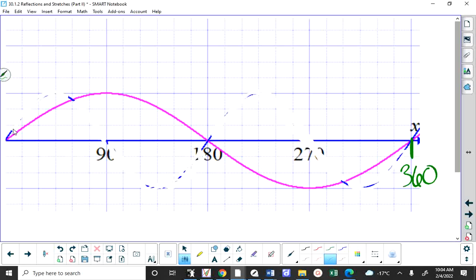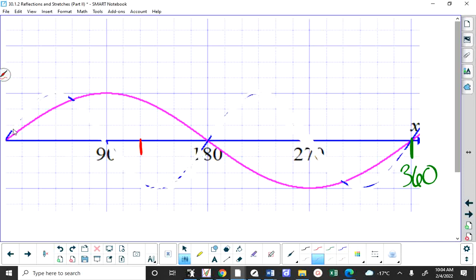Because the third of 360 is 120. And each of these is, I think, 90, 30, another 30. I think 120 is there.